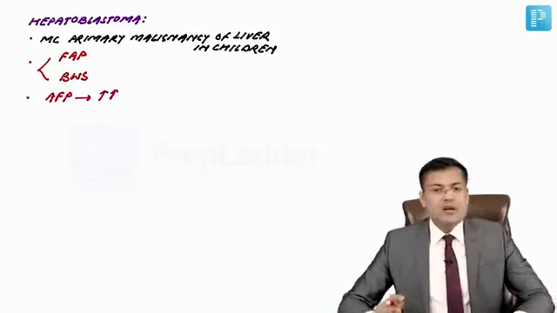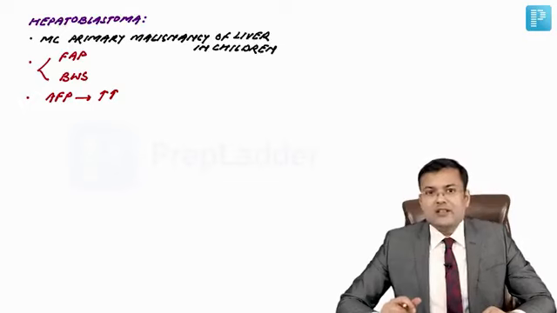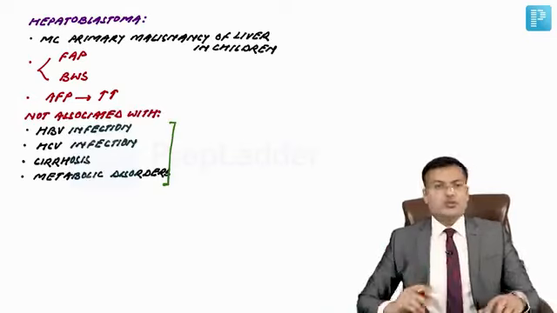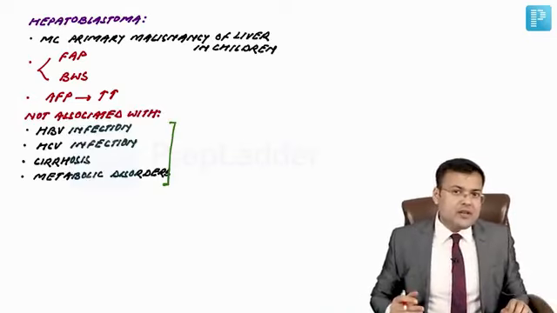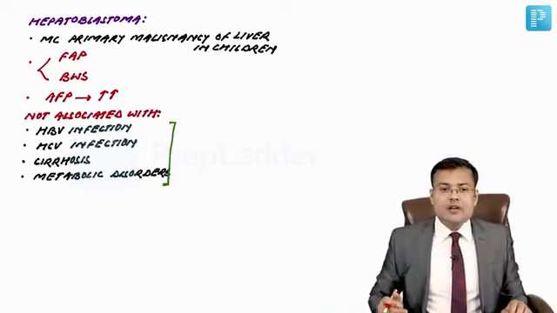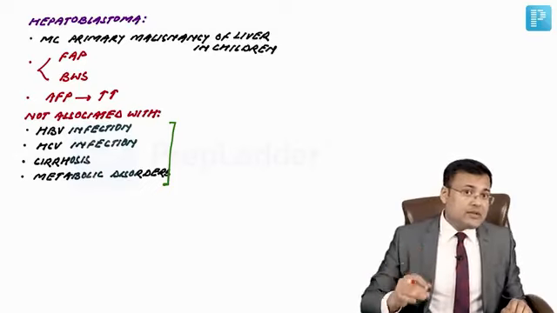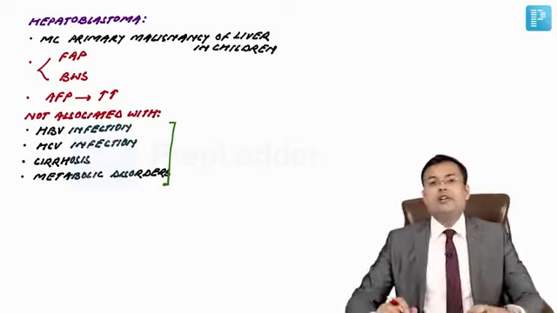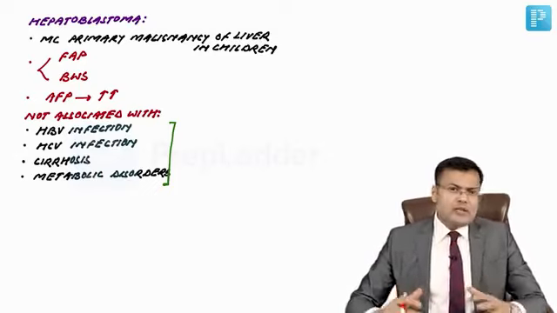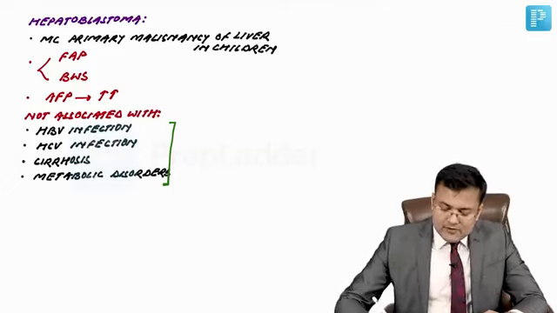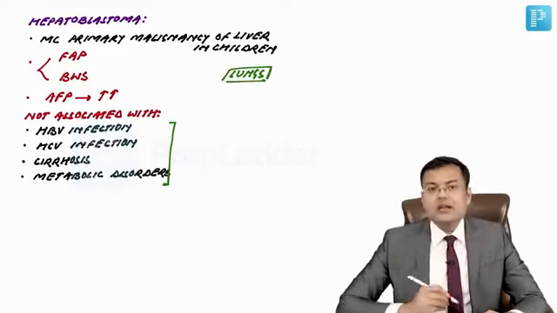Very important point, hepatoblastoma is not associated with hepatitis B virus infection, hepatitis C virus infection, cirrhosis or metabolic disorders. It means in this patient also the condition of liver is good. Here, the tumor is having hematogenous spread, and because of that, the most common site of metastasis is lungs.